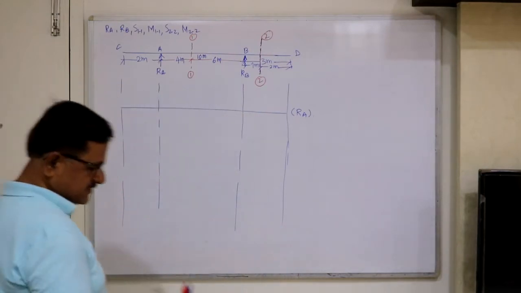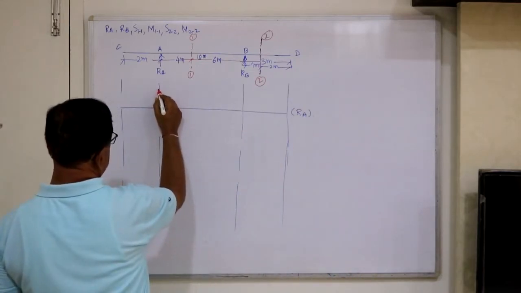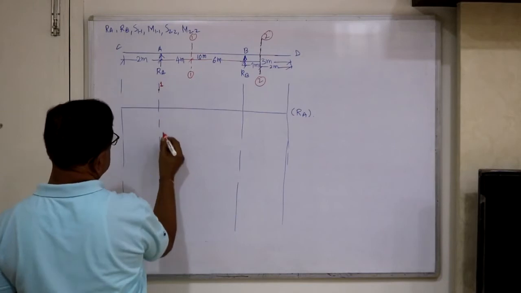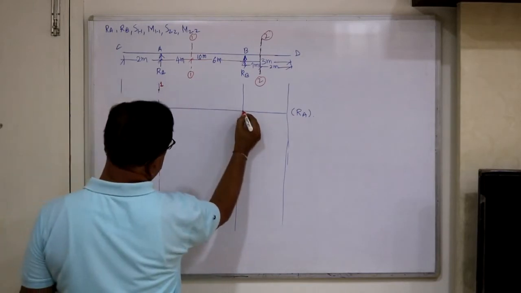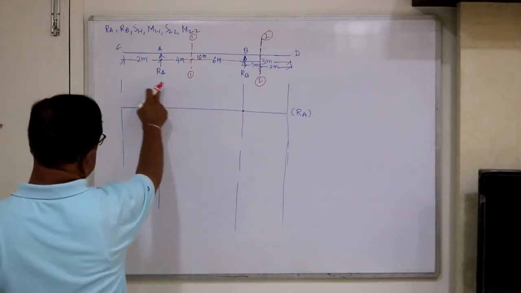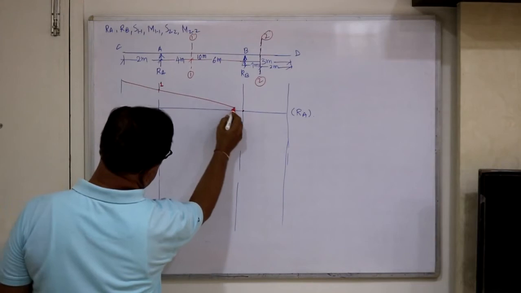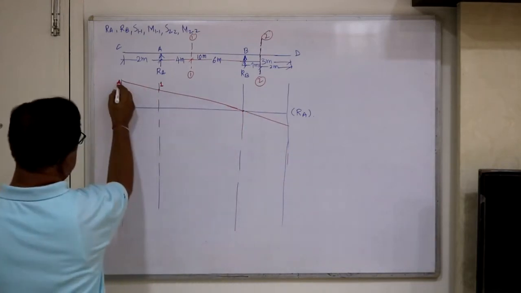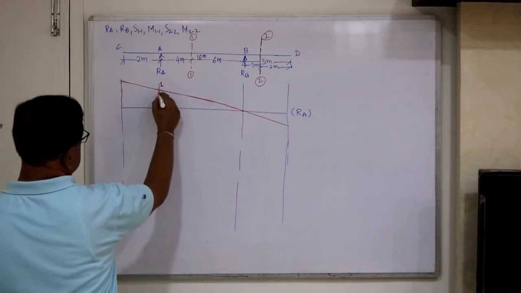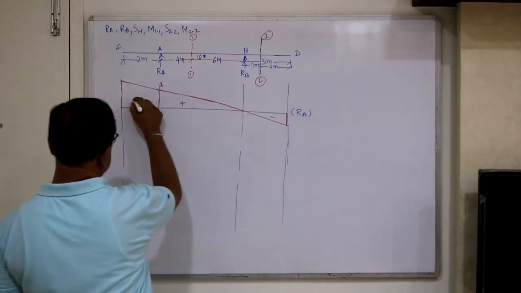Means you have the 2 points for which you can construct the diagram. That is, say this is lifted up through 1. And the other point you have here, because there is a support, no deflection. So if you draw a straight line from this end to this end, it should be a straight line, remember, not a curve. So this is negative, this is positive, this is also positive.